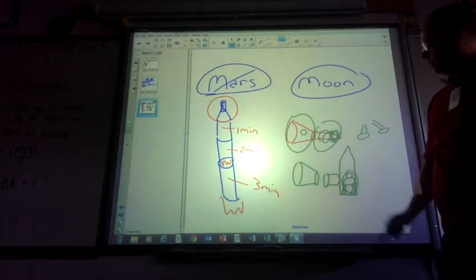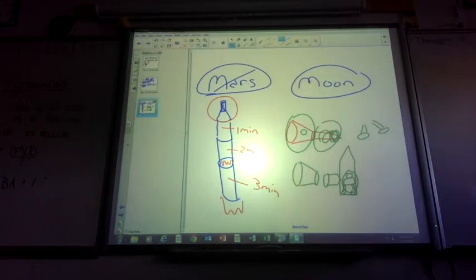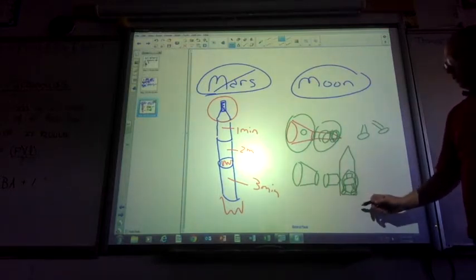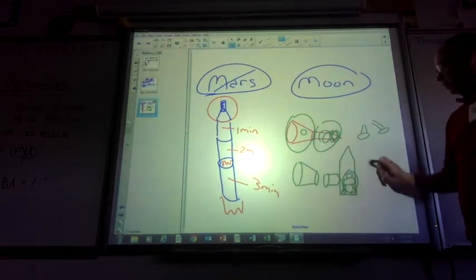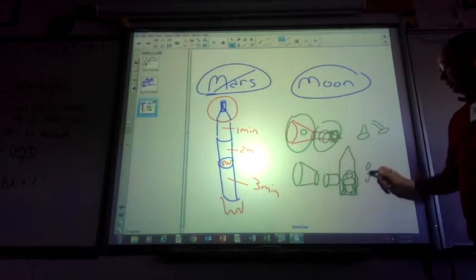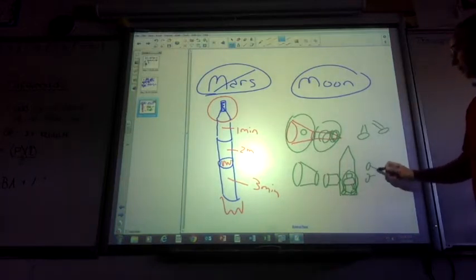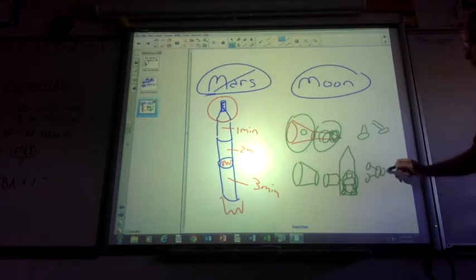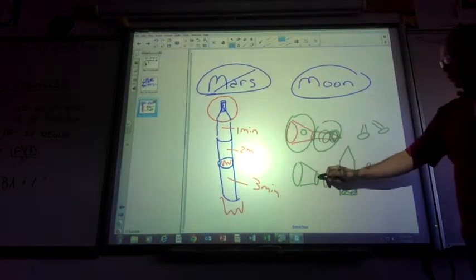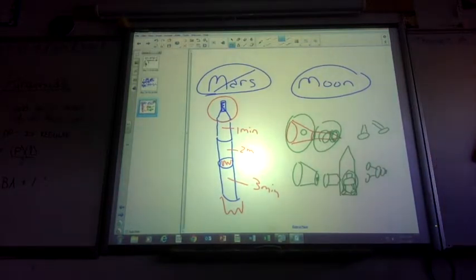It separates. So what happens is this lunar module has to come out, and if let's say it comes out of the bottom, it's going to come out looking like this. Well, here's your airlock here. Okay? This is what's taking place.